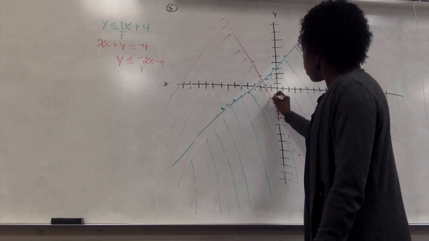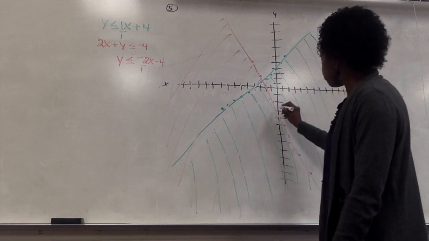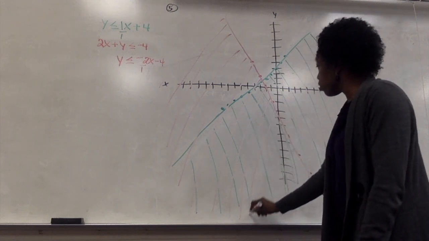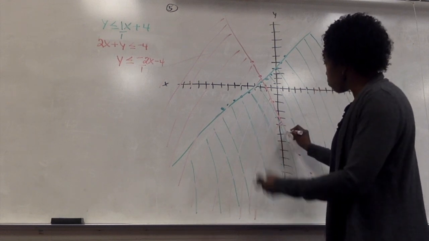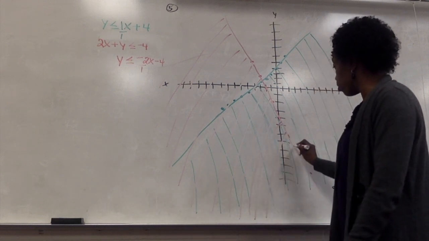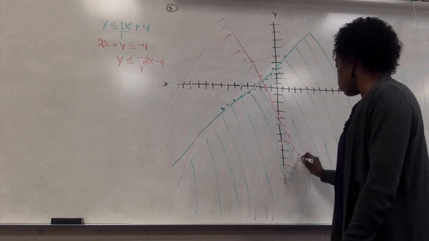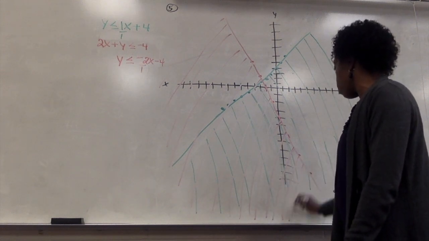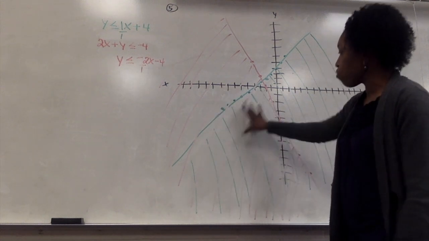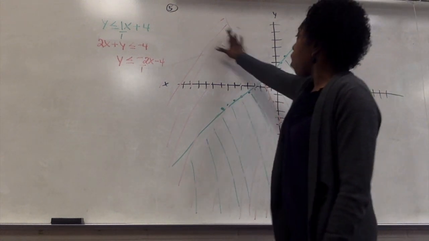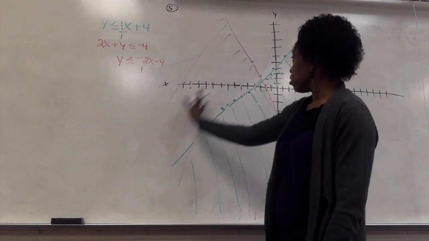But the key thing is for you to find the solution. And the solution is going to be where the colors mix here on the board. So you'll notice here, the colors are going to mix all in this area. You should see all in this area is where your colors are mixing. So it should be all red over here.